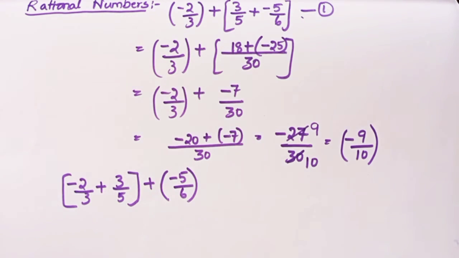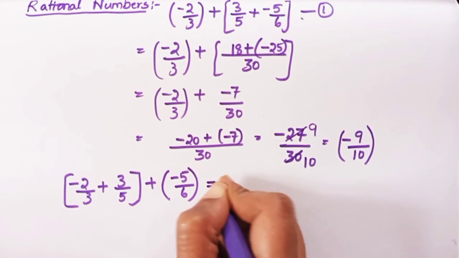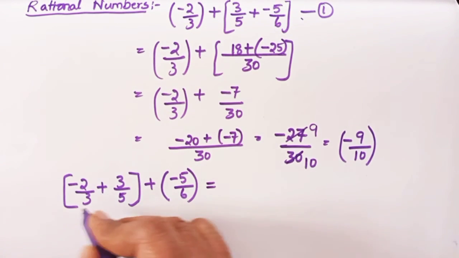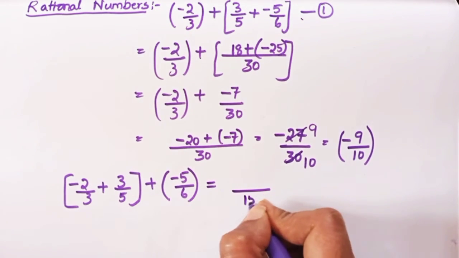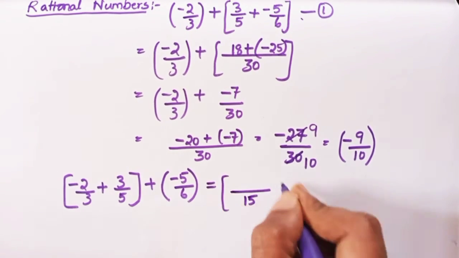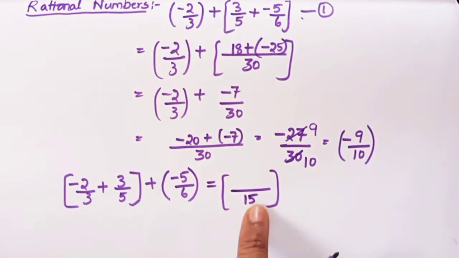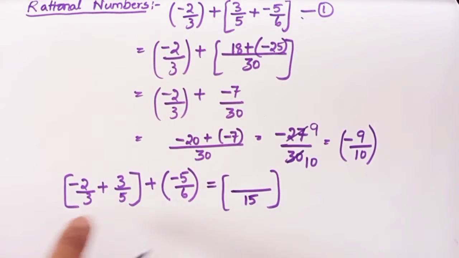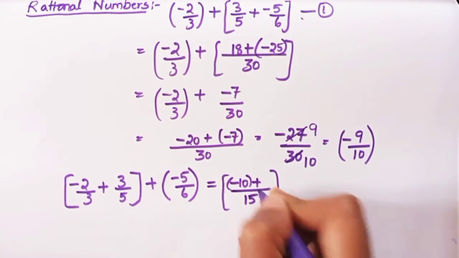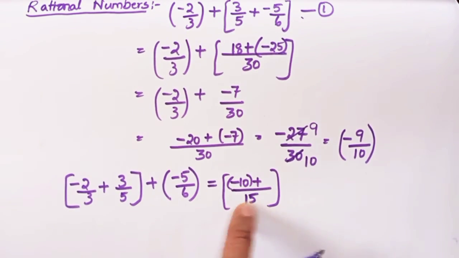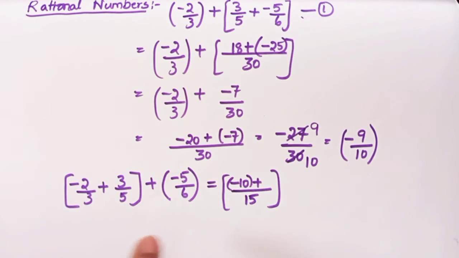Now let us check this out first. This will be equal to, here 5 and 3, 5 3s are 15, will be my LCM. 15 will be my LCM. If I divide this 15 with 3, I will get 5 as quotient. 5 into minus 2 is minus 10, plus, 15 divided by 5 gives me 3.